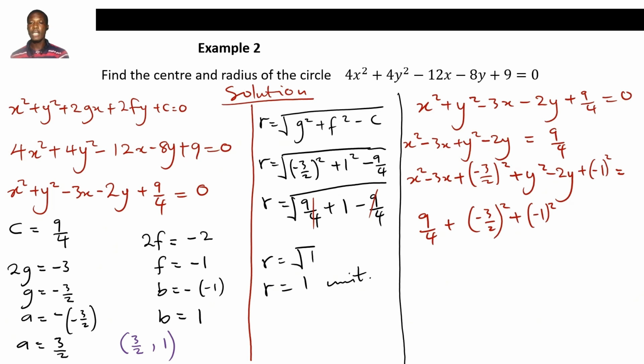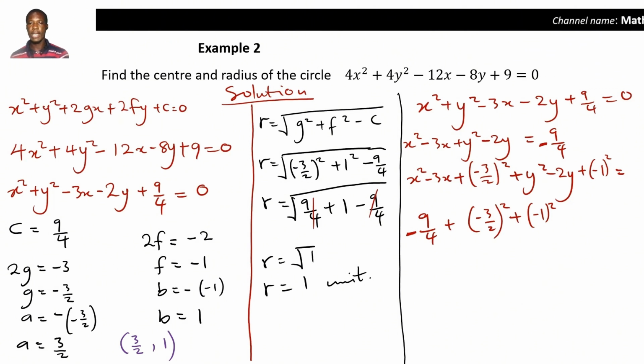Okay. So as we looked at before, we have a correction to make. Now, from here, when we moved 9 over 4 to the other side of the equation, it should have become negative. So let's correct that. So here we have negative 9 over 4. Okay, thank you for your understanding.